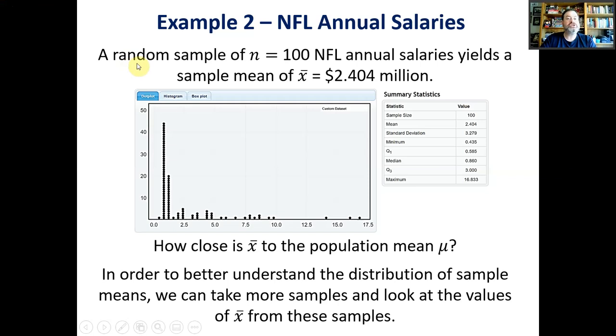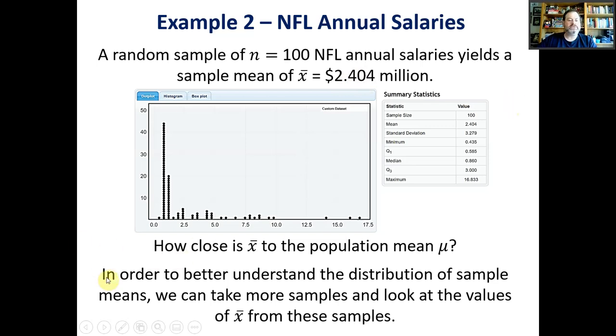So this sample should have a lot of the same characteristics as the population. So we think that mu is going to be close to this number. But we know that every sample, if it's random, is a little bit different. So every sample we take is going to have a little bit of a different sample mean. So that's the tricky question we're trying to get at.